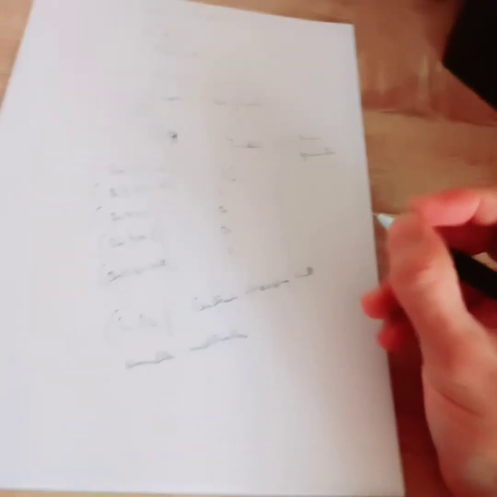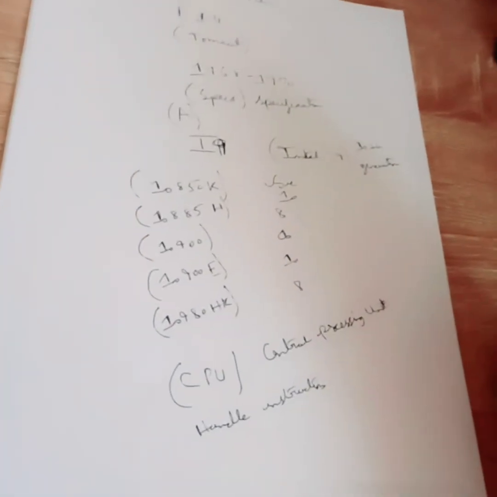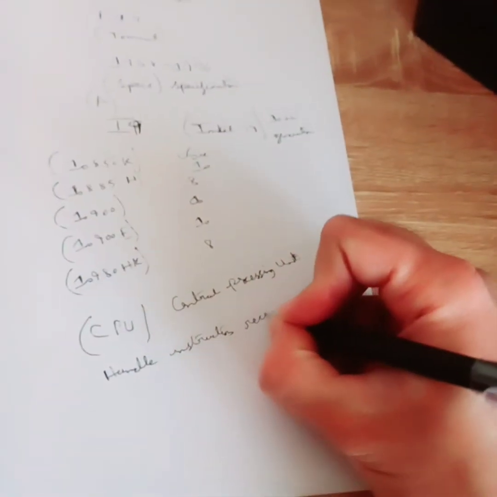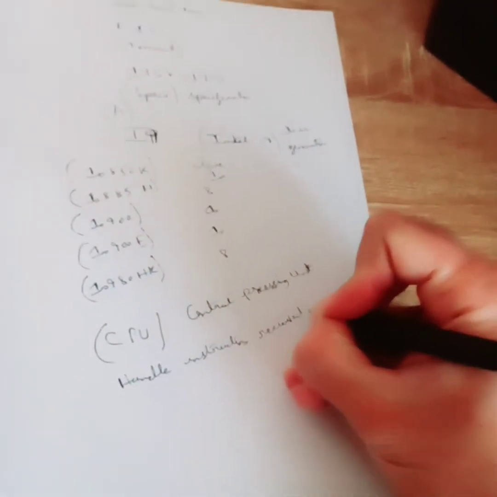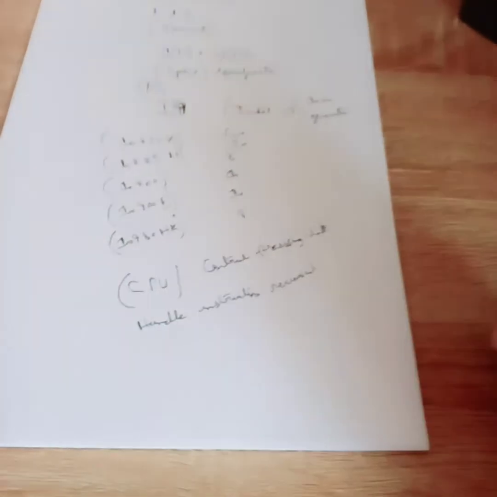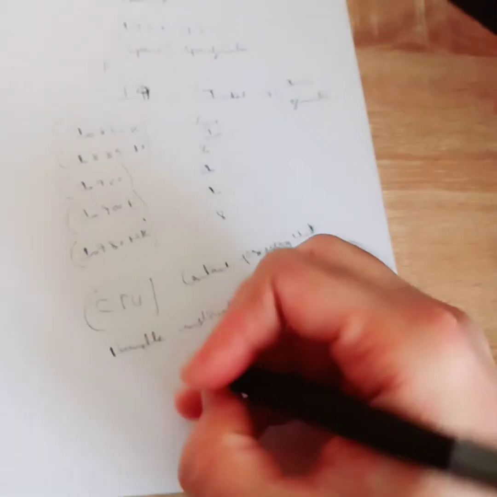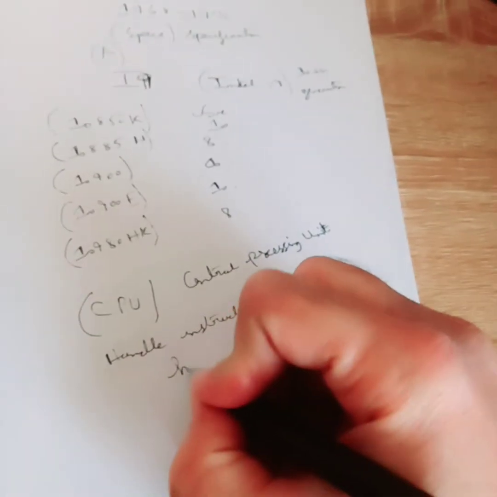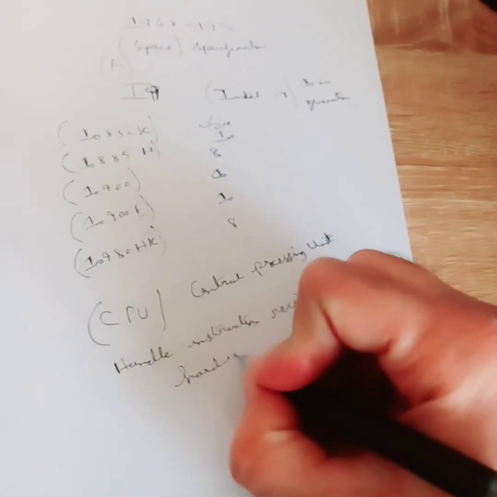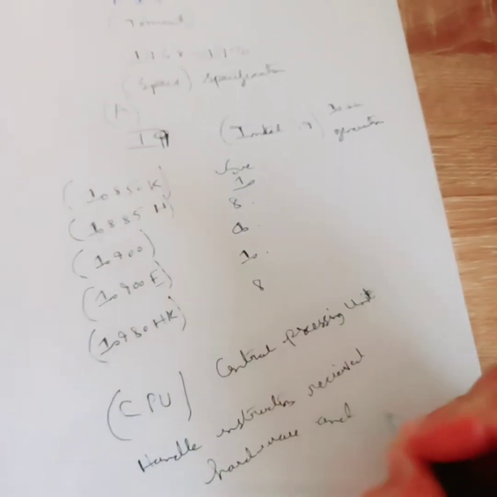So what is the central processing unit doing? It's handling instructions received from what? Anyone? From computer fundamentals background? Anyone? No, sorry, I can't hear you. It's alright, no worries. So it handles instructions received by hardware and software.